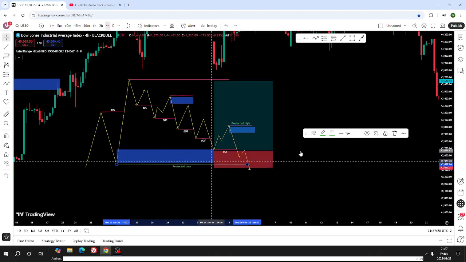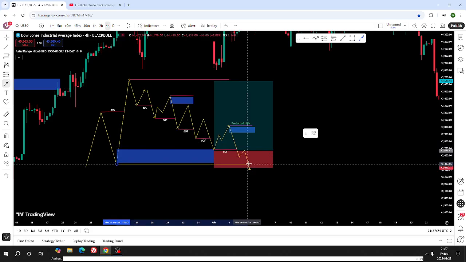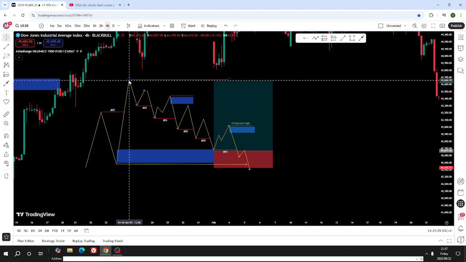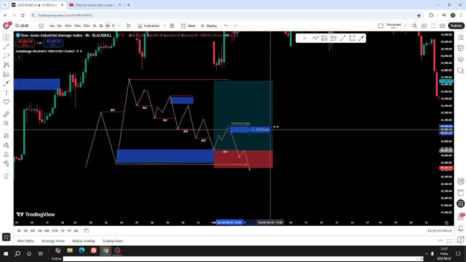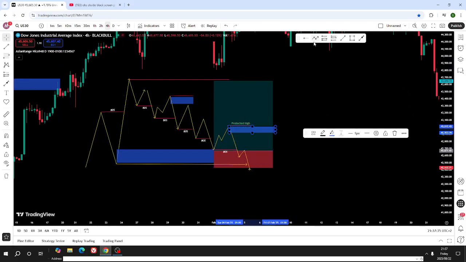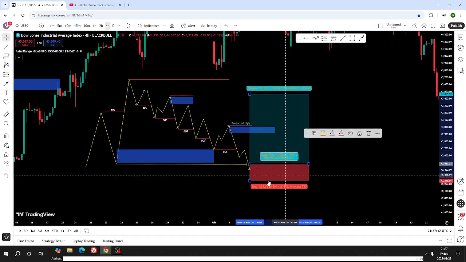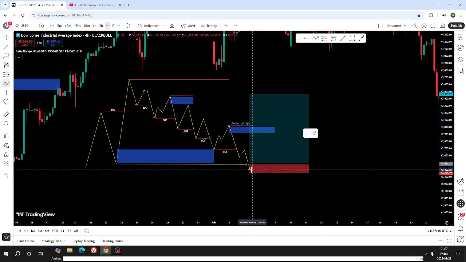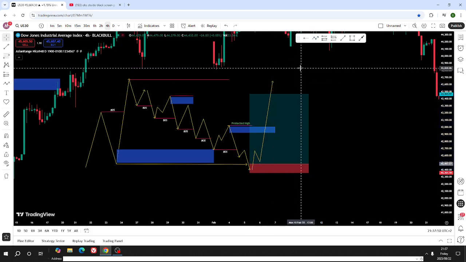As they sweep, this doesn't become a protected low anymore, it becomes a sweep. If it becomes a sweep, we already know the high responsible for creating this low is now going to be the one, and we know that all these highs that are here are not going to hold. So we shift, we sell right over here, we put stop loss below here on our sweep. From there we're expecting market to get to our high.